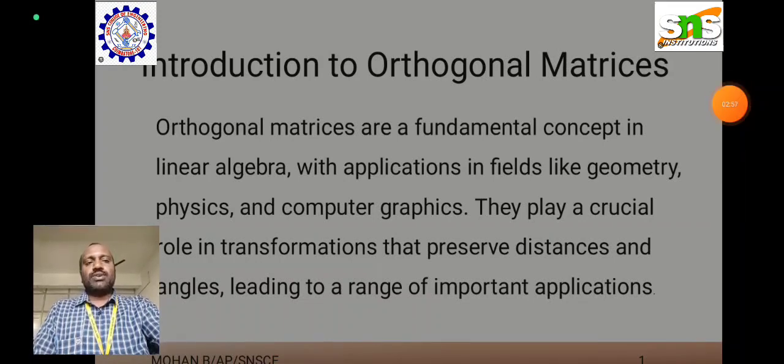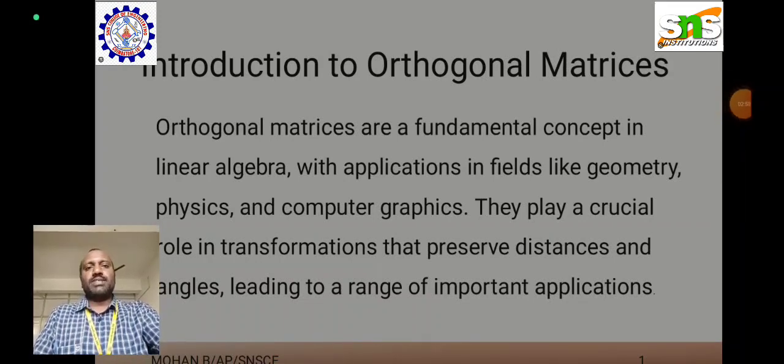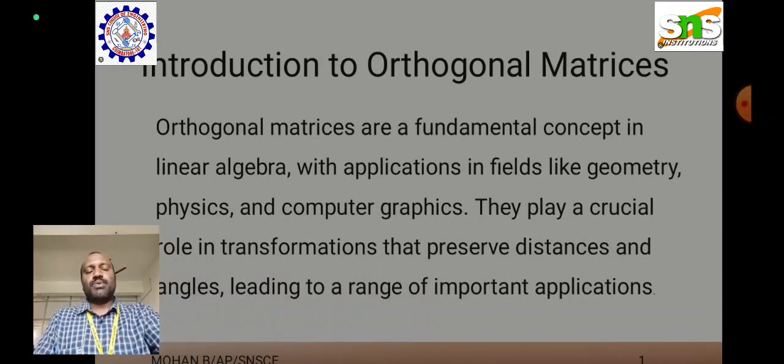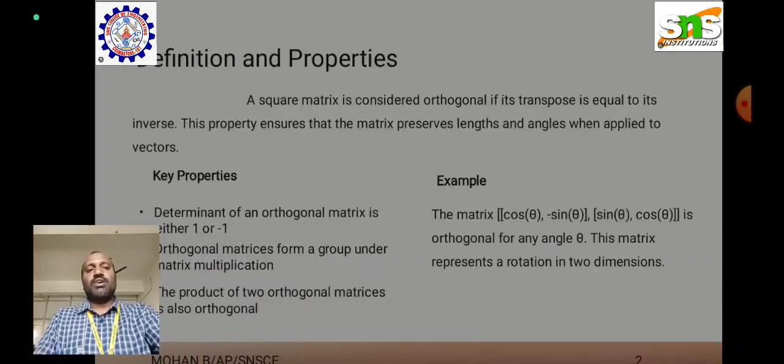We apply orthogonal matrices in various places, like linear algebra applications to geometry, physics and computer graphics, and in transformations that preserve distance and angles. In the definition and properties, a square matrix is orthogonal if its transpose is equal to its inverse.